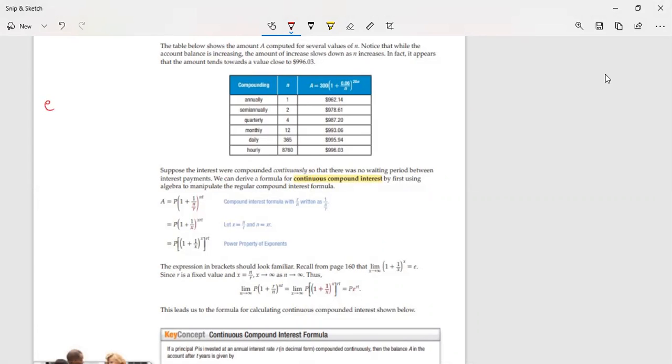If you remember, e is equal to, limit x tending to infinity, 1 plus 1 by x raised to power x. This is the formula for the exponential function. Now we will consider an example, and it will convert into continuous compound interest.